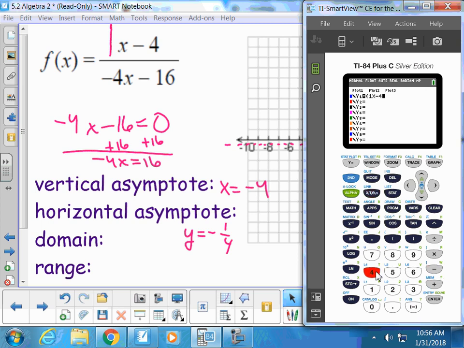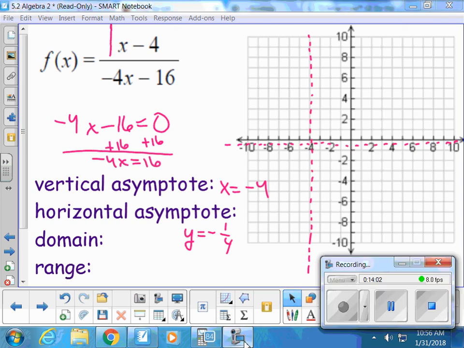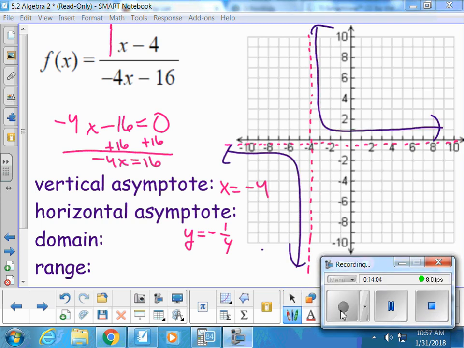Divided by, parentheses, -4x minus 16. Okay. All right, ta-da! There's my drawing.